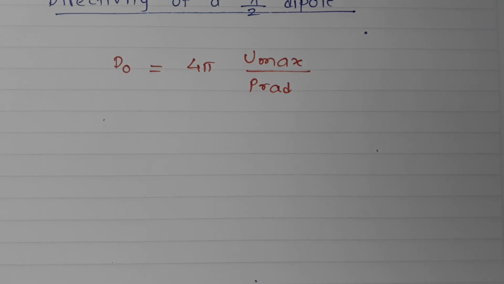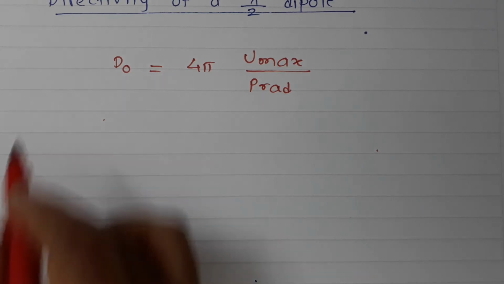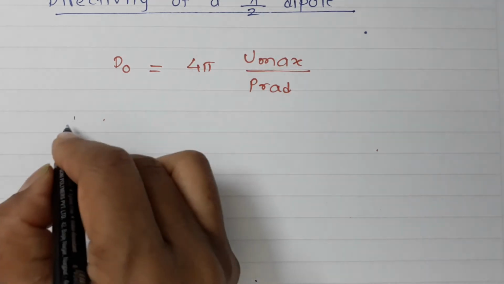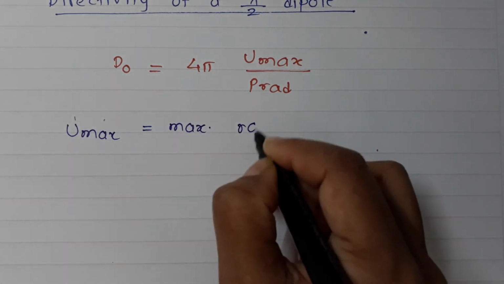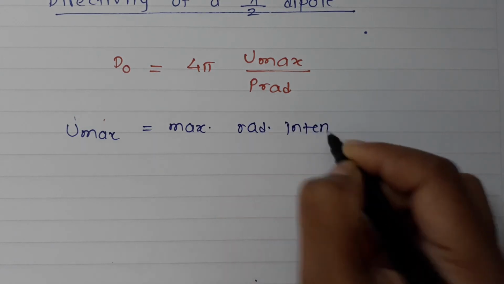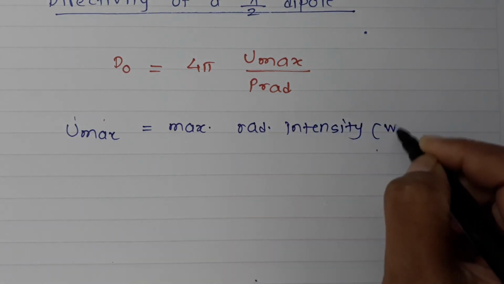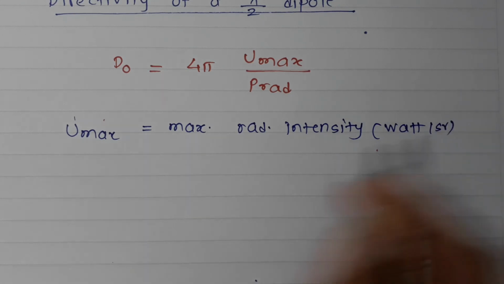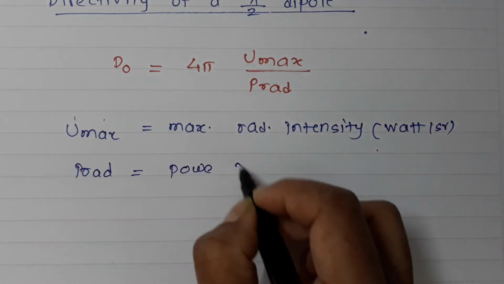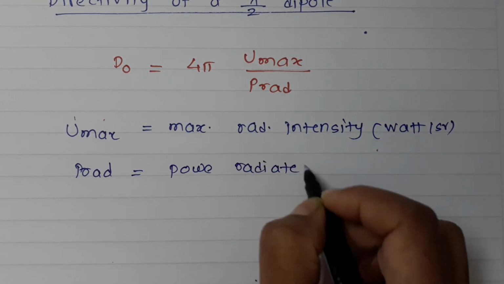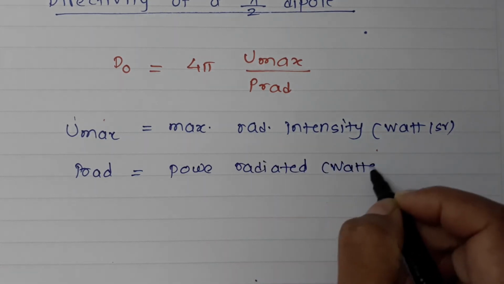U max is the maximum radiation intensity, and its unit is watt per steradian. P radiated is the radiated power, and the unit is watts.